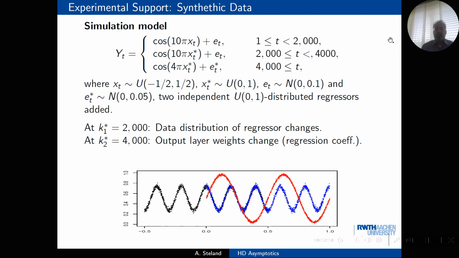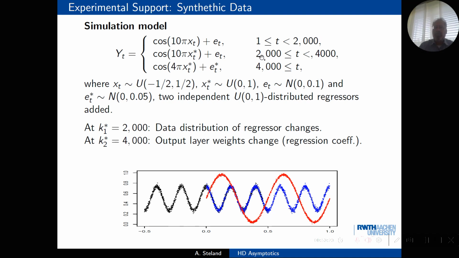So how does this work in practice? Here's experimental support using synthetic simulated data. And the simulation model here is as follows. So for the first 2,000 observations, we have this black sine curve, cosine curve.